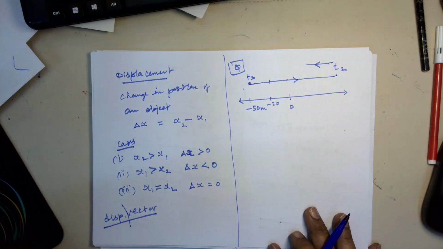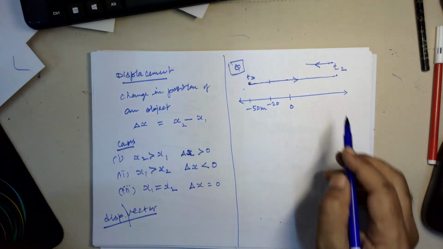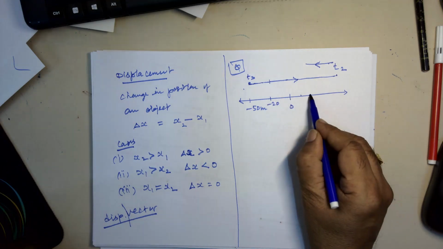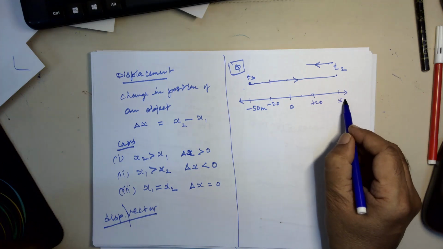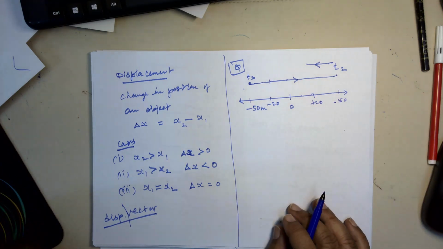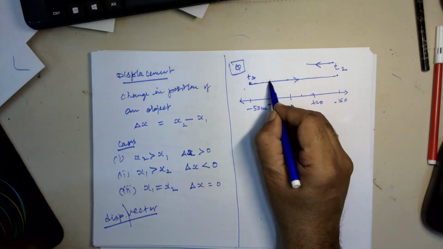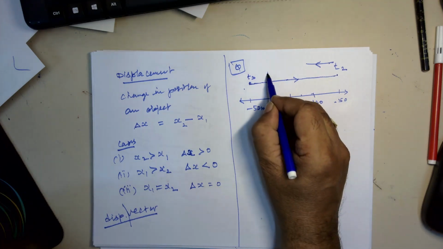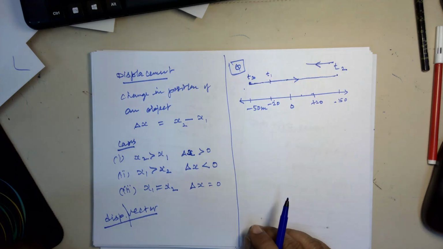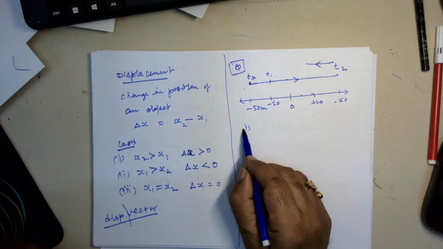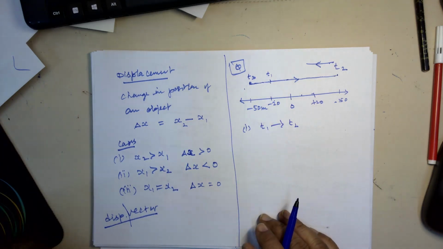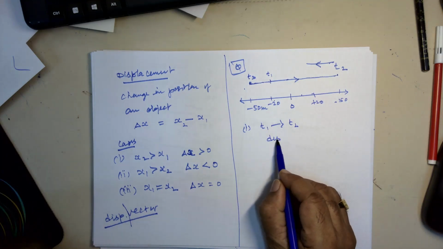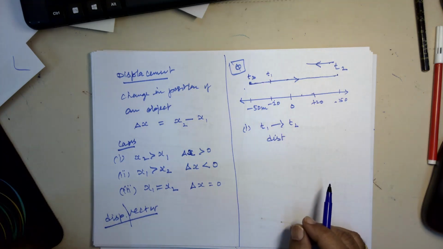Now let us analyze the distance traveled here. And this is 20, so this one will be plus 20. Is it not? So plus 50 like that it goes. And where did he start from? He started from minus 20. So let us take this as the T1 instant. So for T1 to T2, what is the distance covered?